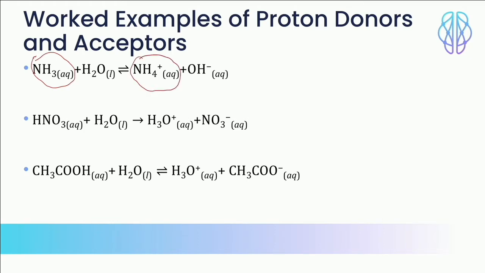They vary only in that the NH3 has gained a H+, or a proton. Another way of saying this is the NH3 has accepted a proton. So the NH3 is a weak base. Similarly, if we use our reasoning for the H2O, we'll get a similar result.